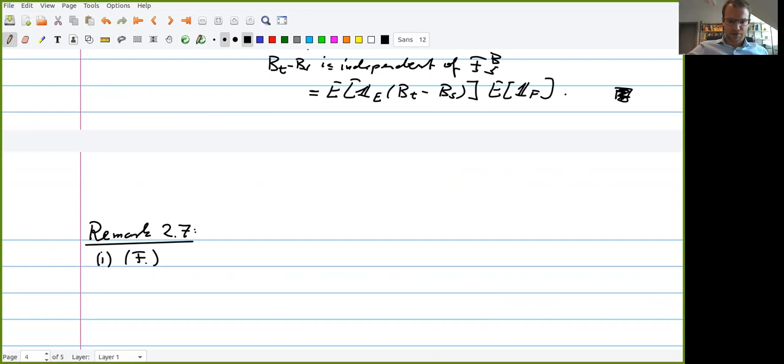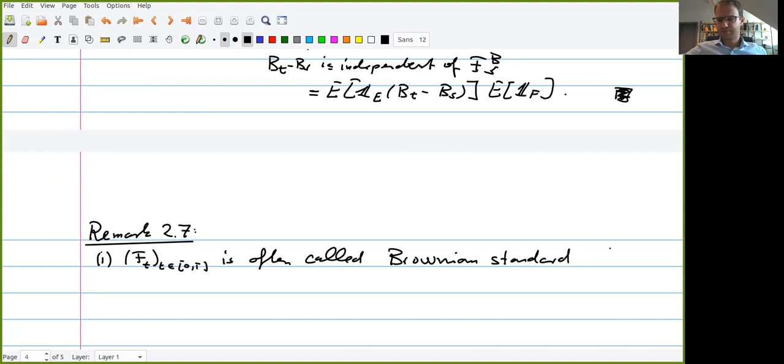The filtration F, the completed one of the Brownian motion here, is often called the Brownian standard filtration. It's not the natural one, but it's the one usually used. So this is why it's called the standard filtration of a Brownian motion.